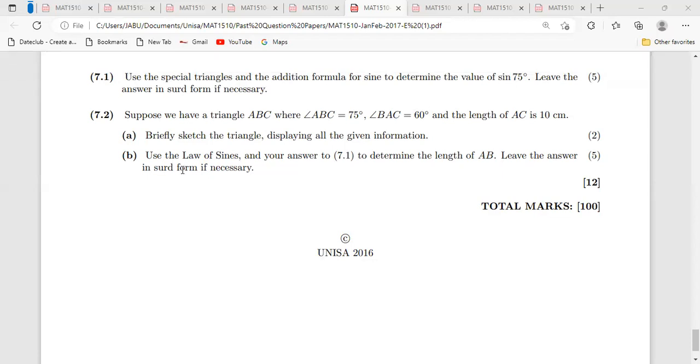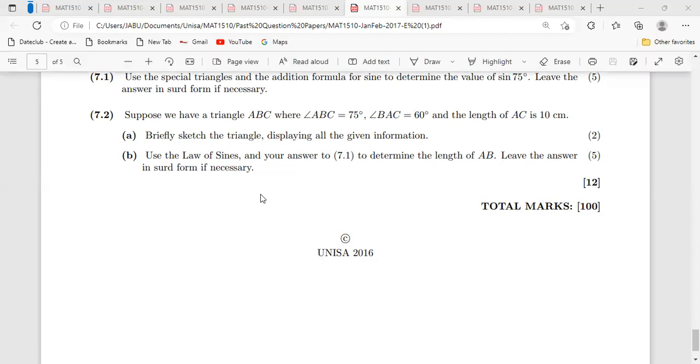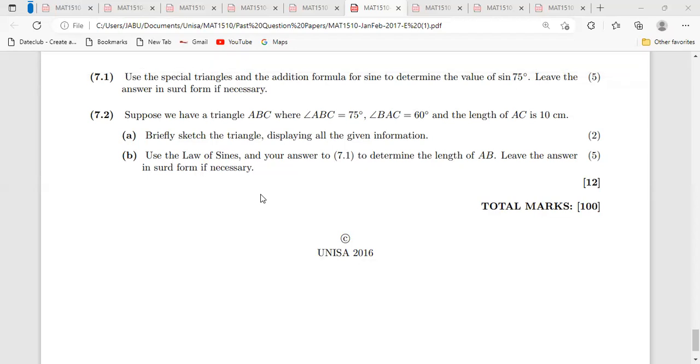Leave the answer in surd form if necessary.